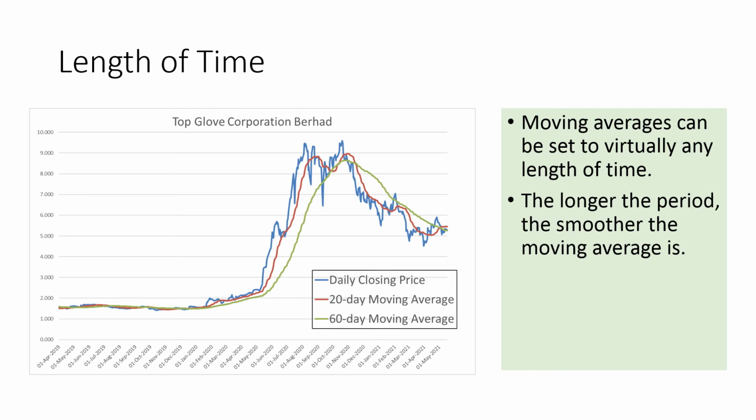From the figure, you can see that a 60-day moving average of Top Glove is smoother than a 20-day moving average. Generally speaking, the longer the time period you use, the less frequent the signals will be. If you are a relatively conservative trader, a 200-day moving average will be far better suited to you than a shorter time horizon.